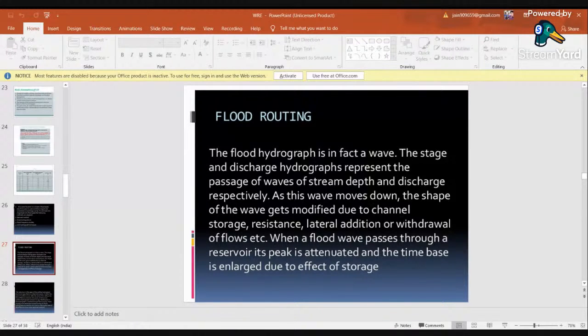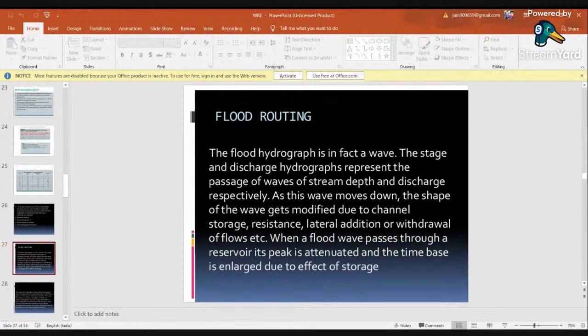It means flood routing is basically a method in which the stage and discharge hydrographs represent the passage of a wave of stream depth and discharge respectively. As this wave moves down, the shape of the wave gets modified due to channel storage, resistance, and lateral additional or withdrawal flows.